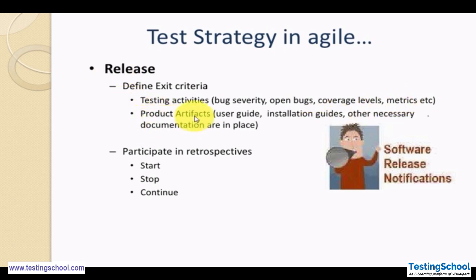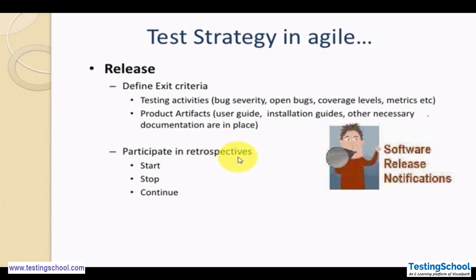Then we have the product artifacts, different documents: user guide, installation, requirement document, functional document, performance document. All the documents are in one place so that everyone can see which functionalities have been covered in that sprint. Then finally we participate in the retrospective.